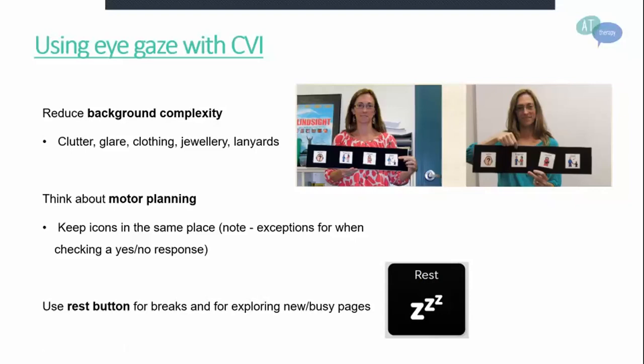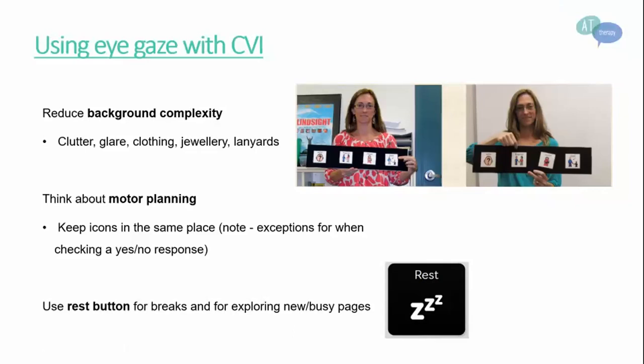And we also need to consider the motor planning as well. So, motor planning is important for any AAC user, but particularly for someone with CVI, because they're relying on that motor planning pathway and forming those motor plans as part of their learning and learning to navigate around the device.